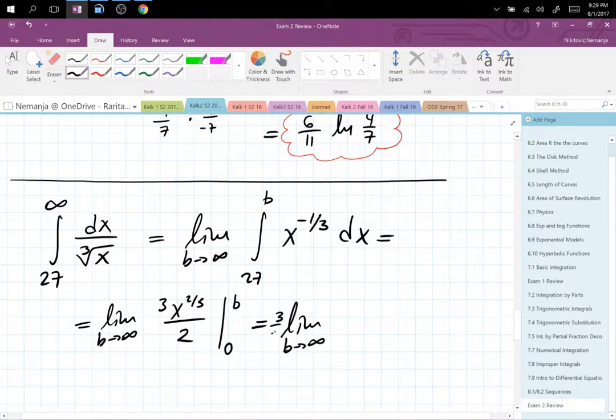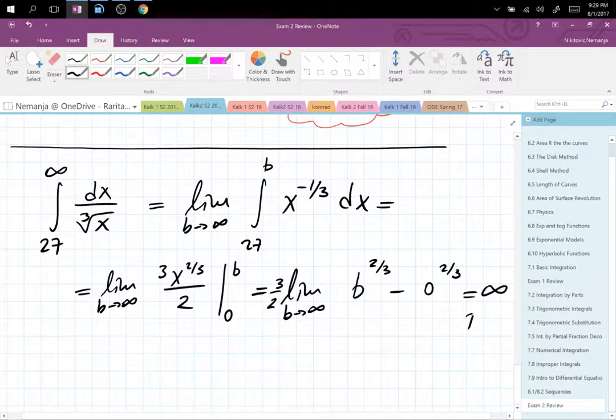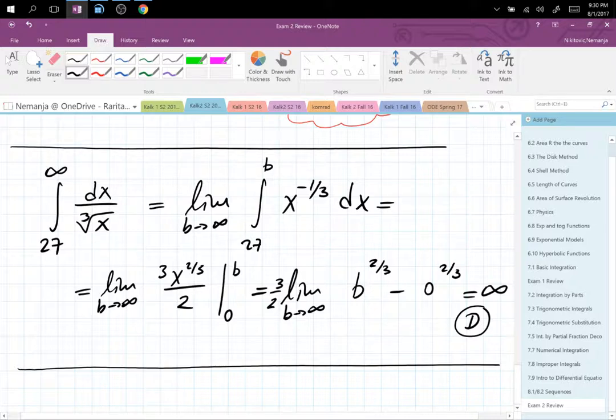We can kick 3/2 in front of the limit and just have b to the 2/3 minus the constant term. And we see this is infinity, so it's divergent, because when you plug infinity for b, you get infinity. Does this make sense? Good.